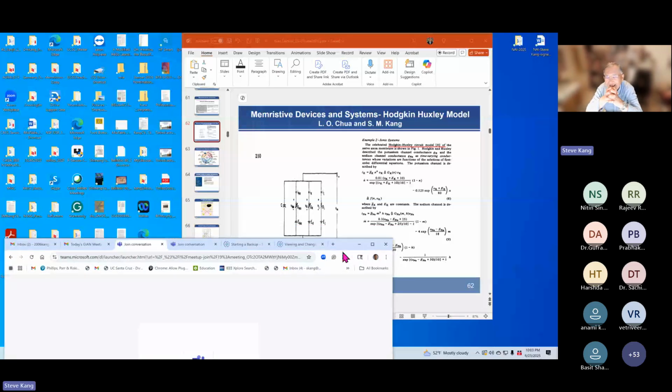There was a heated discussion in the early stage about whether that was ever physically possible. I give credit to Leon Chua's concept because essentially it's a 2-terminal device, just like a resistor, capacitor, inductor. It's a 2-terminal device. That's the main difference between the memristor and the mem transistor.